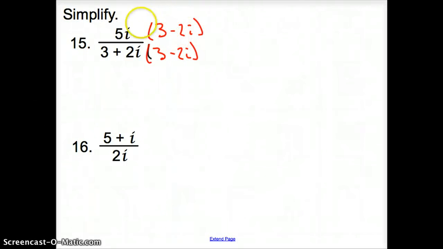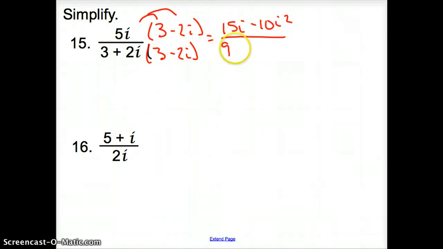And so when we do this, we multiply out the top, and that gives us a 15i minus 10i squared. Then on the bottom, we multiply everything out to get 9 minus 6i plus 6i minus 4i squared.